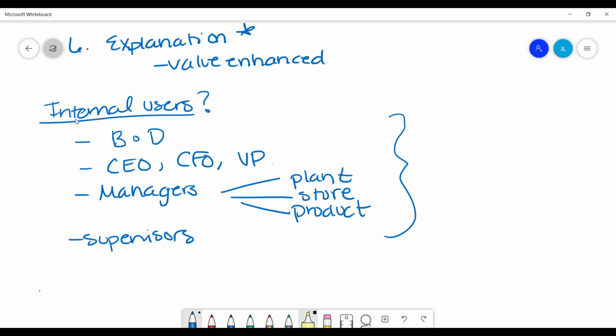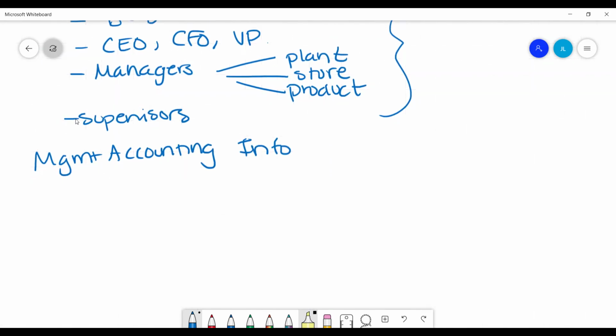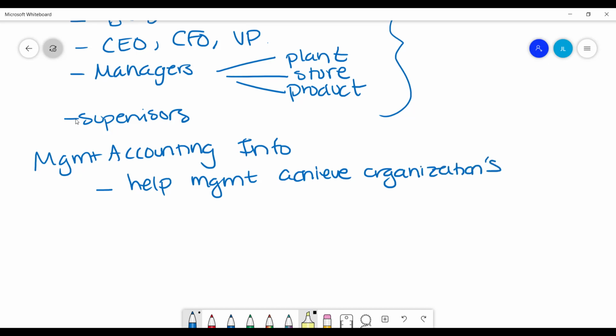So with managerial accounting information, the focus of Accounting 4, basically the purpose of that, as opposed to financial accounting, this internal accounting information is basically geared towards helping management achieve the organization's mission and goals. Okay? That's really the basis of that, the main idea.